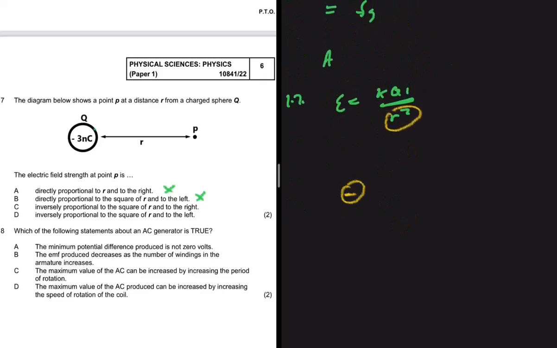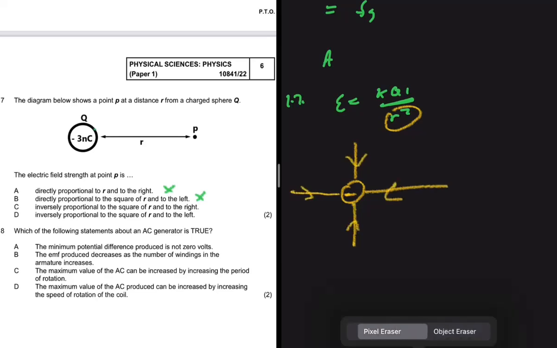Where do the field lines point on a negatively charged sphere? They point towards itself. The field line will point towards the charge itself. So you can see here that at P, the field lines will be pointing to the left. They will be pointing towards Q, right?